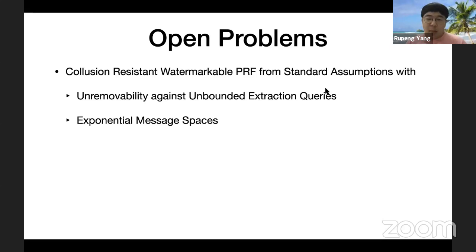First, the new scheme can only achieve unremovability against bounded extraction queries, even if the original scheme can achieve unremovability against unbounded extraction queries. Also, the new scheme can only support a polynomially large message space. It is an interesting open problem to remove these restrictions in future constructions.